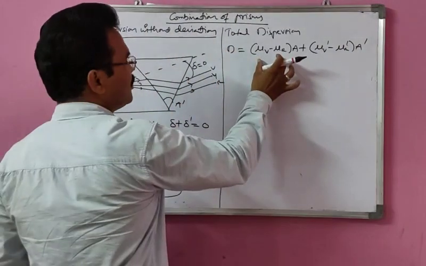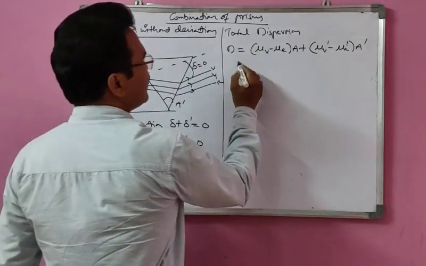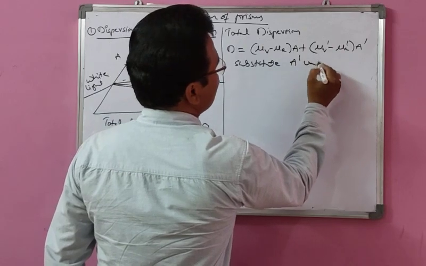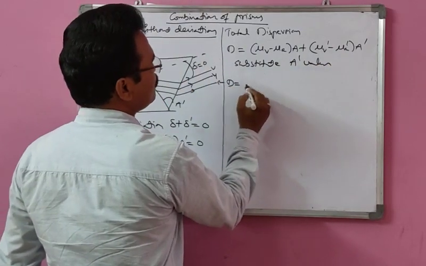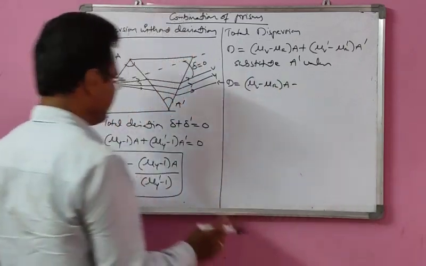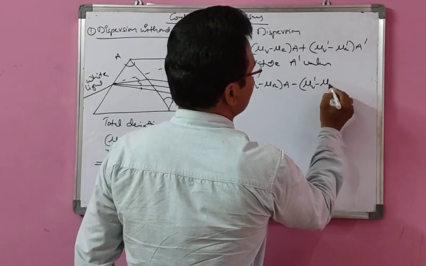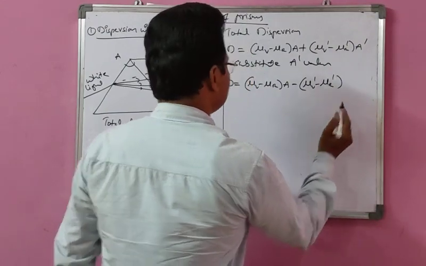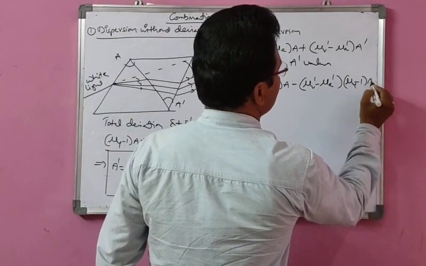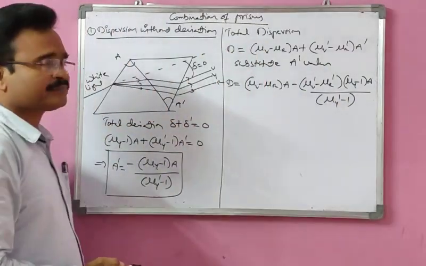This is the dispersion due to the first prism, and this is the dispersion due to the second. Substituting the A dash value, D equals mu V minus mu R of A, and I'm writing a minus sign, since a minus is already there, mu V dash minus mu R dash, and what else is here, mu Y minus 1 of A divided by mu Y dash minus 1.